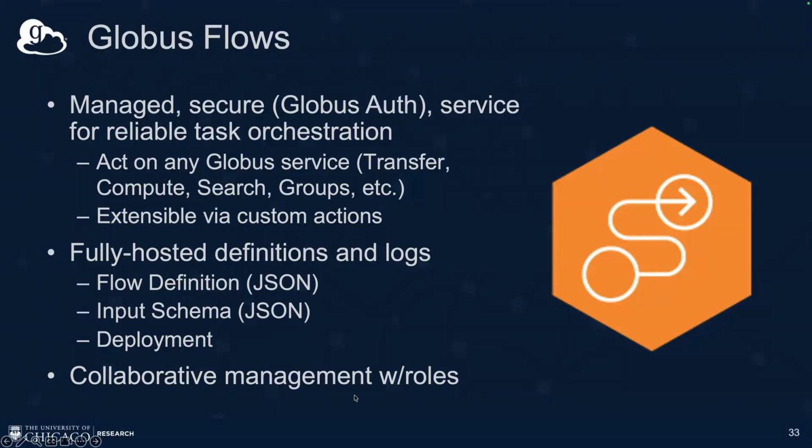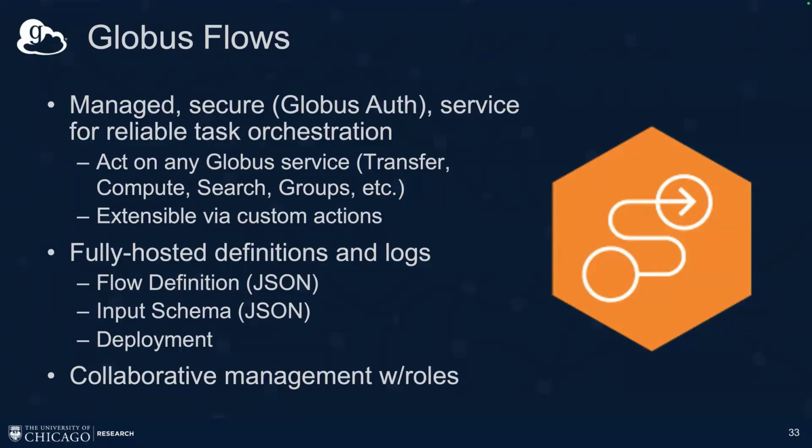Flows can also be collaboratively managed. So just like the application IDs that I showed you earlier, you can set up flows and make them discoverable by other people and runnable by other people. Okay. By default, they will use those people's permissions, not yours. So you define a flow, the sequence of steps that have to happen, and whoever runs it, it'll use their permissions.